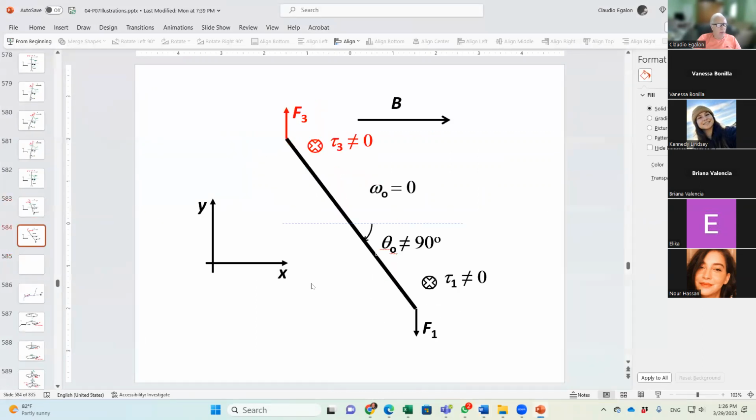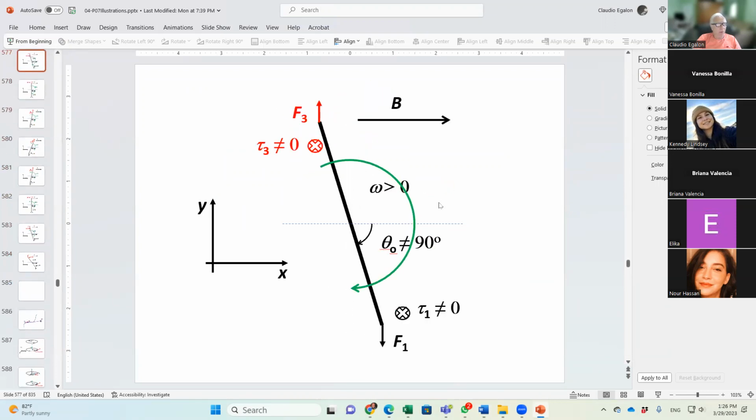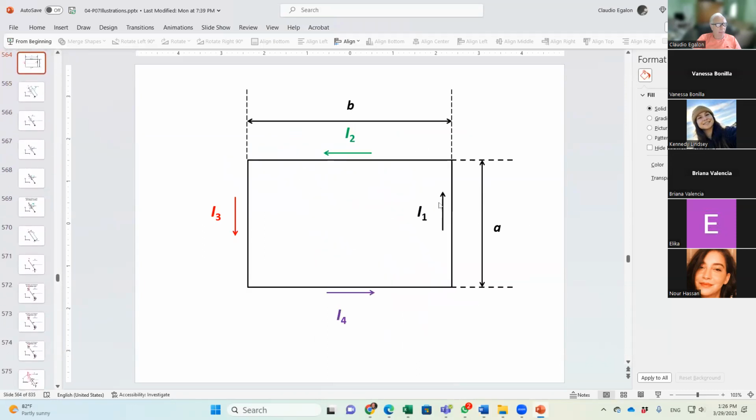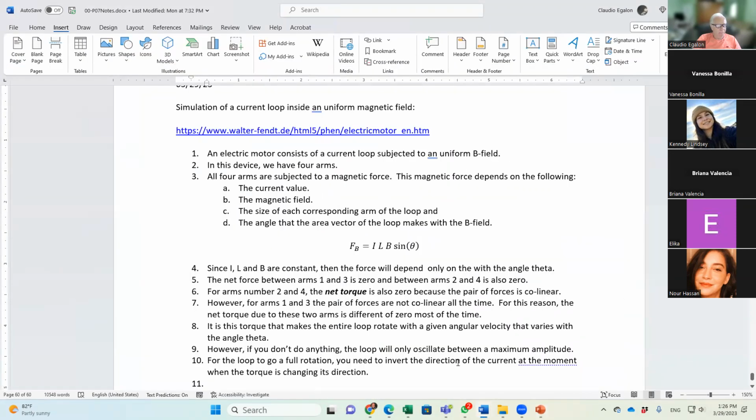For arms 1 and 3, you see, this is B, right? Arms 1 and 3 is A. The net force between arms 1 and 3 is 0, and between arms 2 and 4 is also 0.